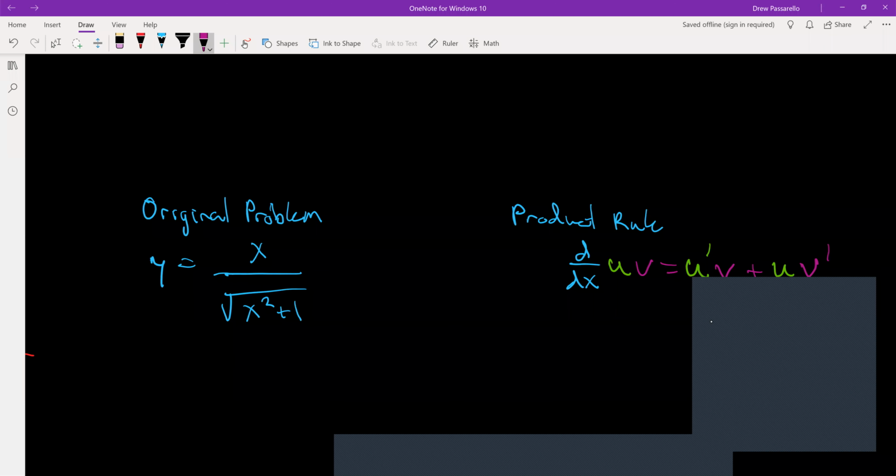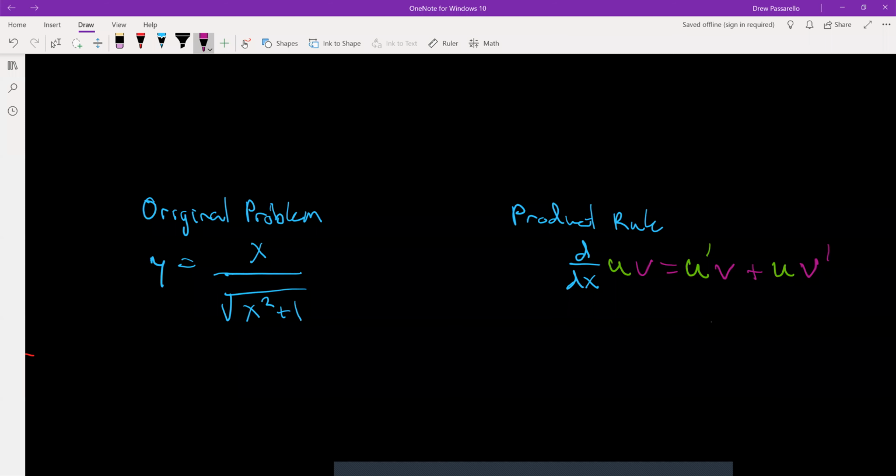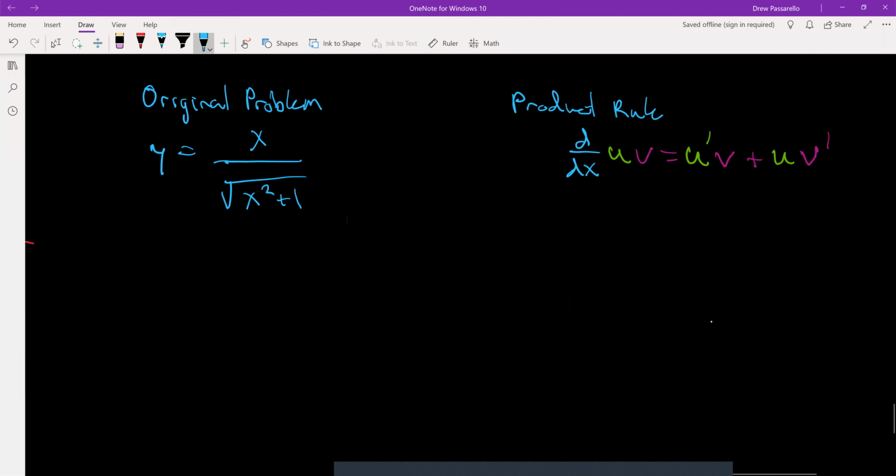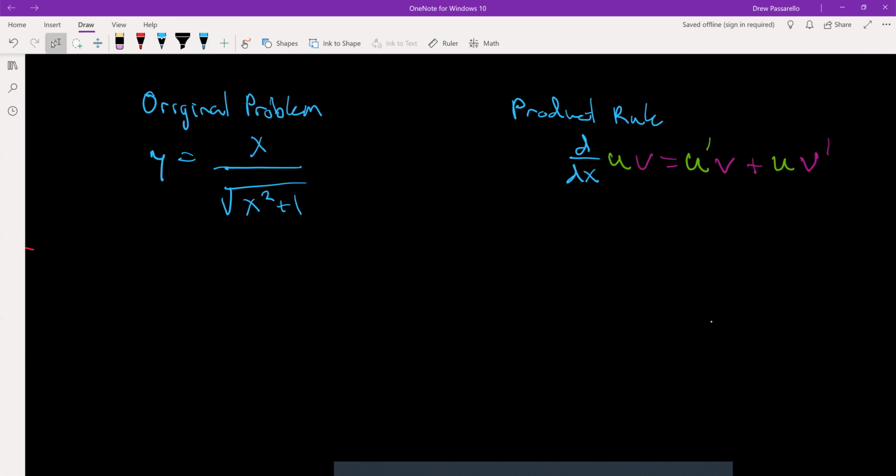All right, so this is the product rule, and then this was the original problem. So if I want to apply the product rule, I need to rewrite the original problem into a format which I can apply the product rule. And the first thing we did in the other method was, well, doing the square root of something is raising it to the 1/2.